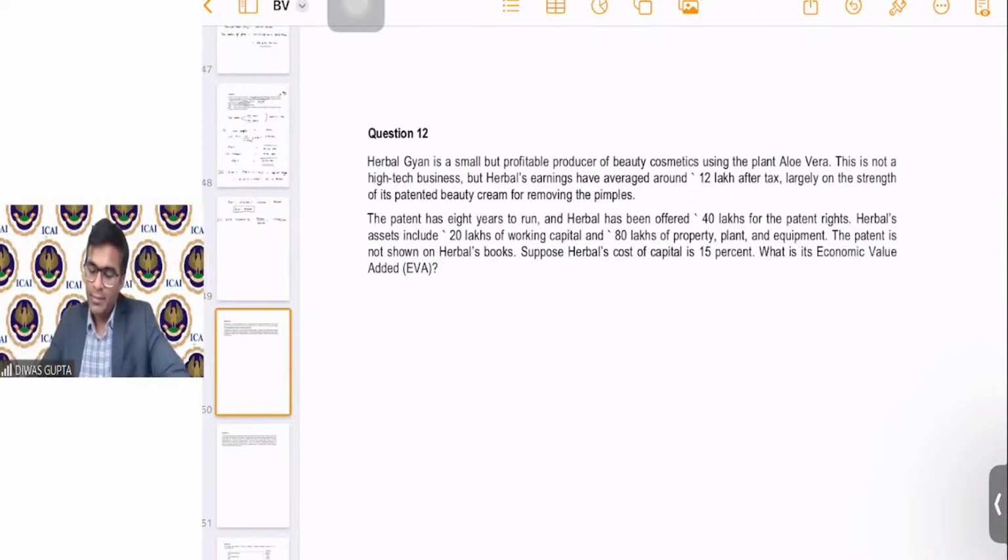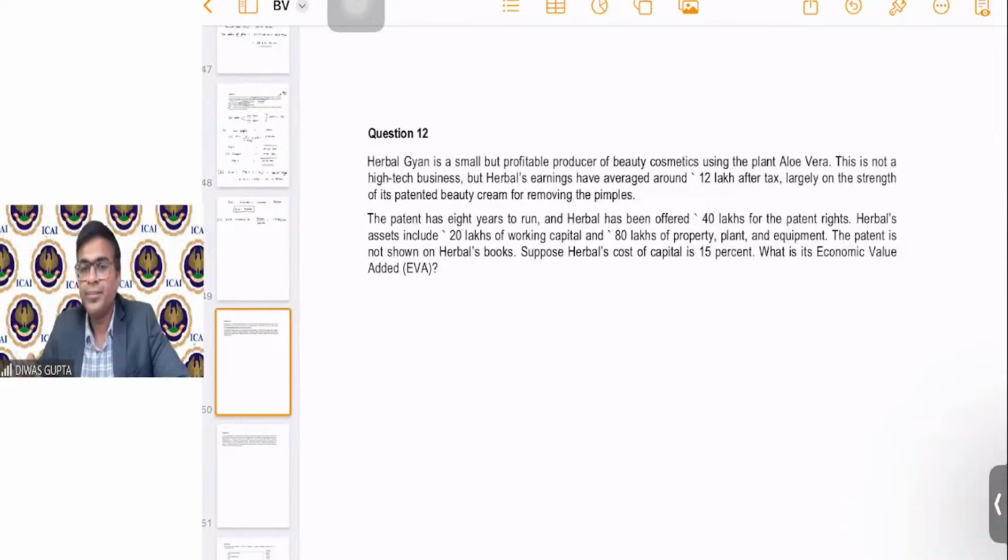This is not a high-tech business, but Herbal's earnings have averaged around 12 lakhs after tax, largely on the strength of its patented beauty cream for removing the pimples.